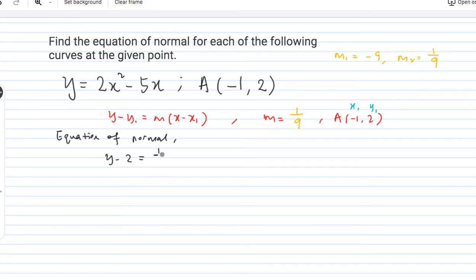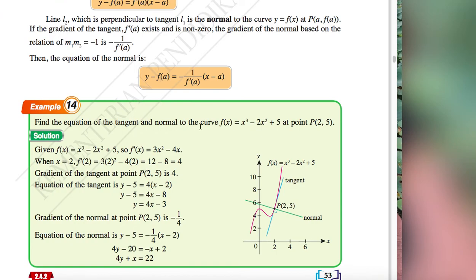The difference is here only. x minus 1. Okay, so we can substitute: 9y minus 18 equals x plus 1, so 9y equals x plus 1 plus 18. Okay, done.